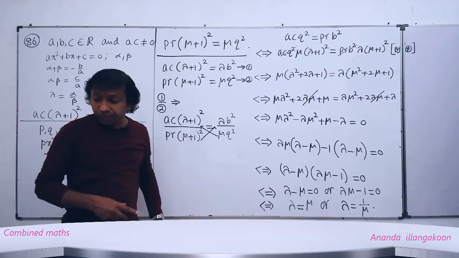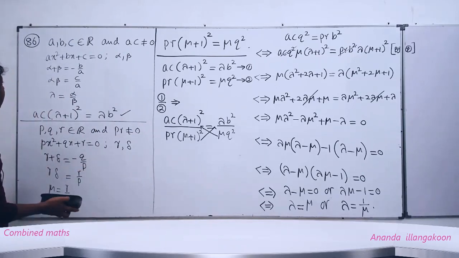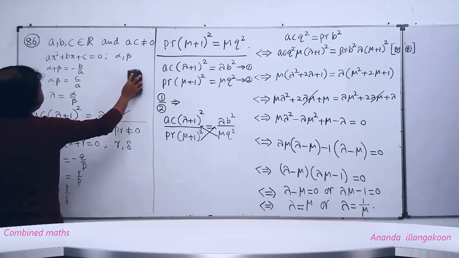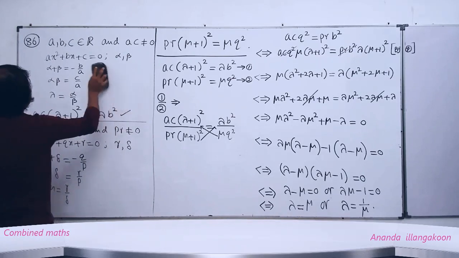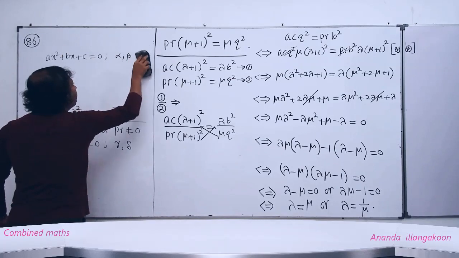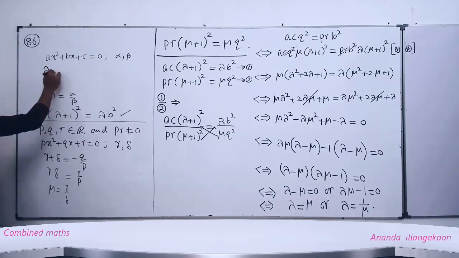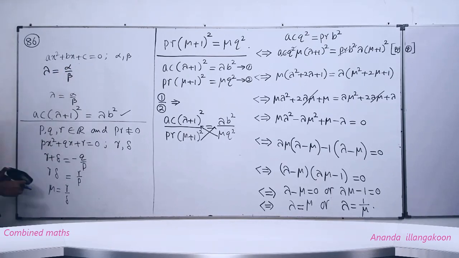So if I summarize the result available there, you can very clearly understand it like this. Now, ax squared plus bx plus c equals 0 quadratic equation has the roots alpha beta. The ratio of the roots alpha upon beta is lambda.